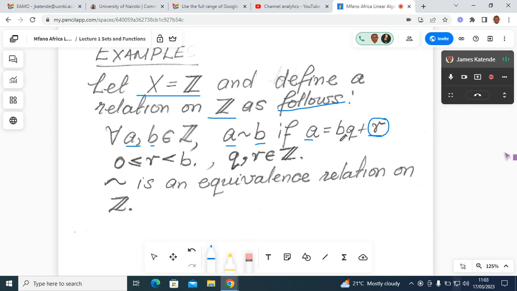So q and r are fixed. So a will be related to b if a is equal to bq plus r. So b has remainder r when divided by q.